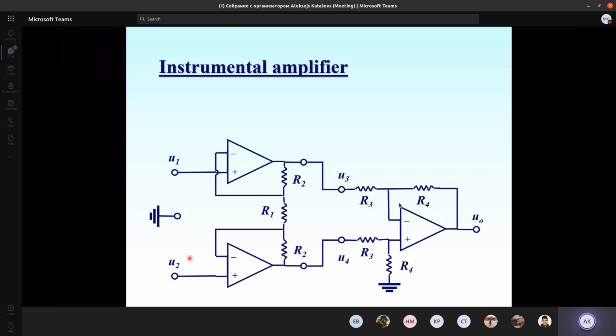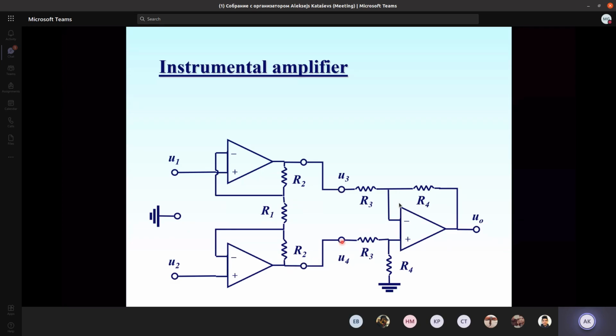It has two stages. Let's see how the first stage works. The second stage, we know how it works. The output voltage will be the gain of the second stage, R4 divided by R3, multiplied by the difference in voltages U4 minus U3. But how is this voltage U4 minus U3 formed by the first stage?